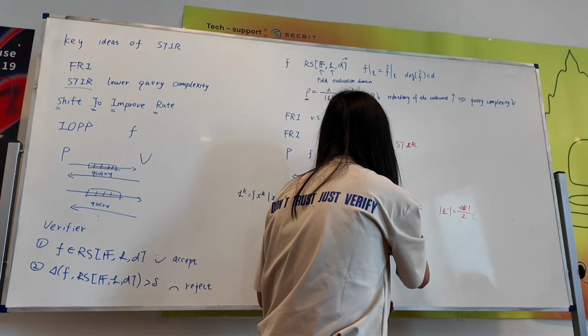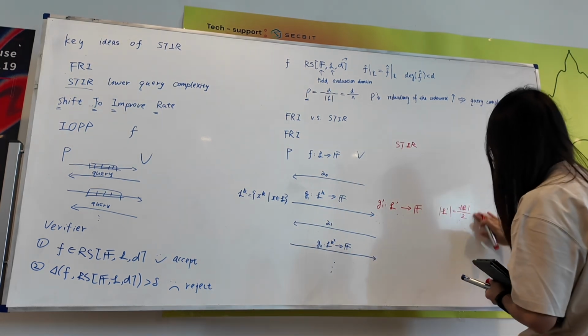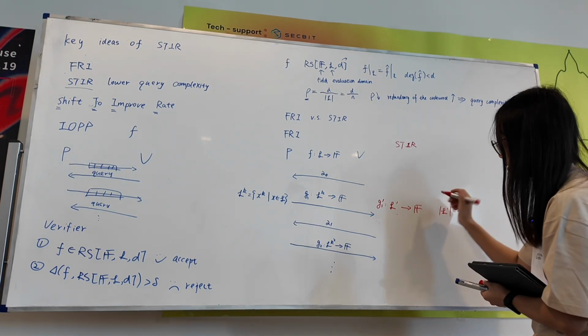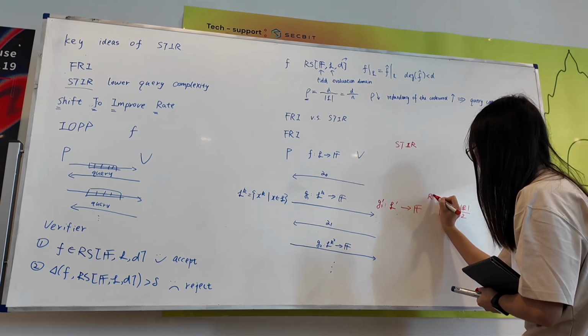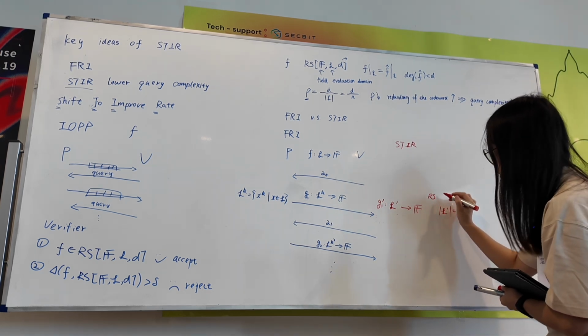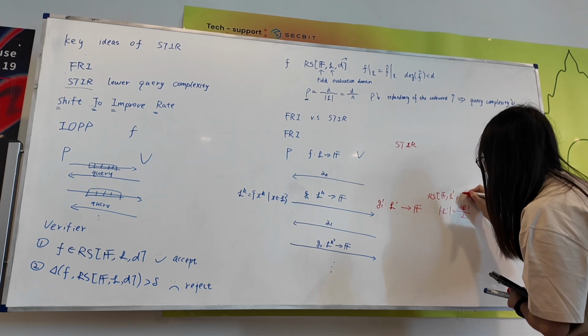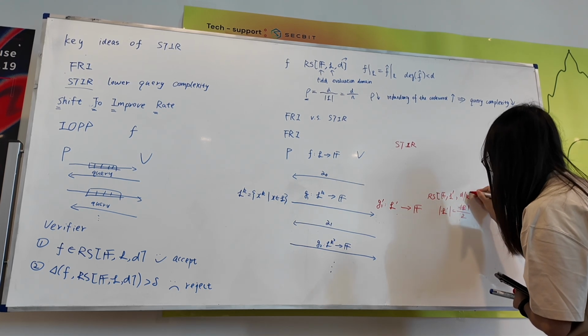So the verifier will check that g1 prime is a code word from RS[F, L prime, d over k].